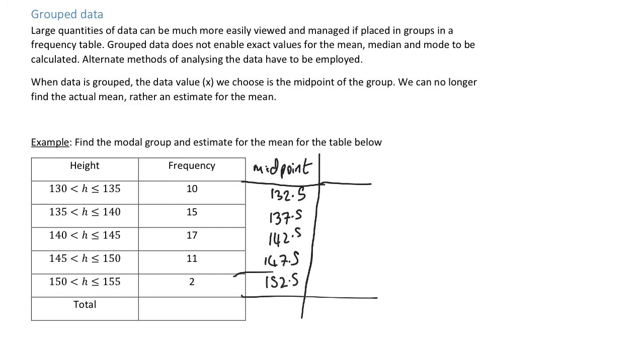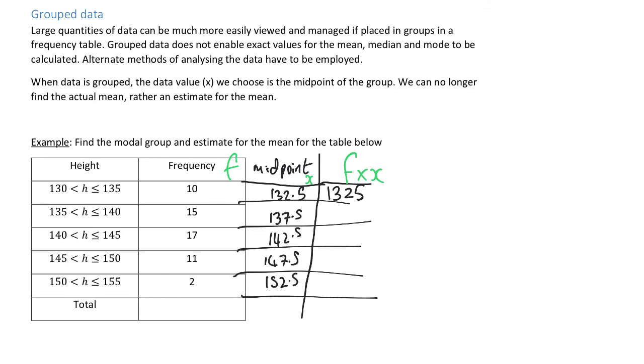We then need to work out what our fx values are. So the frequency is our f values. The midpoint is the x, it's the data representative, and then we need to do our fx values. So frequency multiplied by midpoint, so the first one is going to be 1,325.